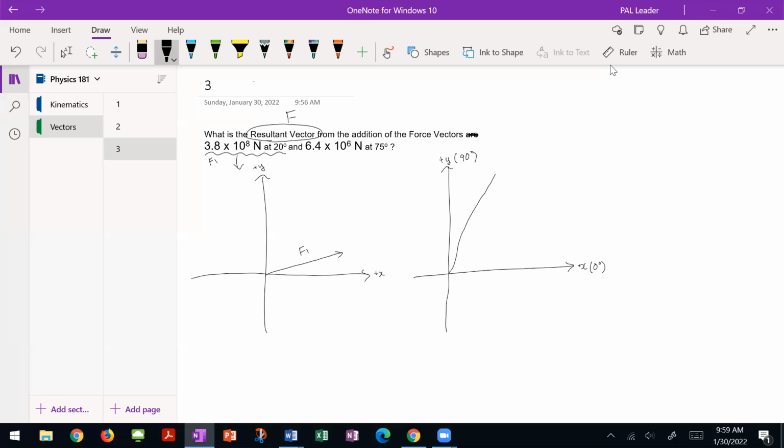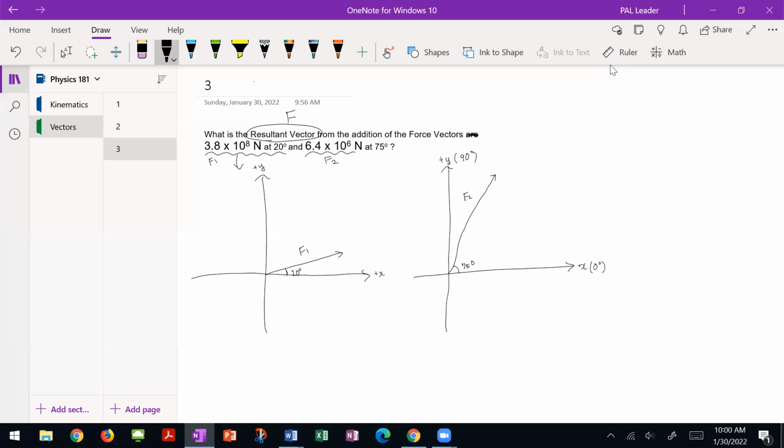That's close enough. And this is going to be our F2, and this is 75 degrees. I should have clarified in our first vector too that this right here is 20 degrees.